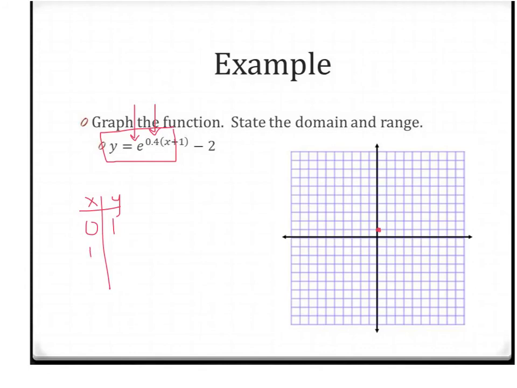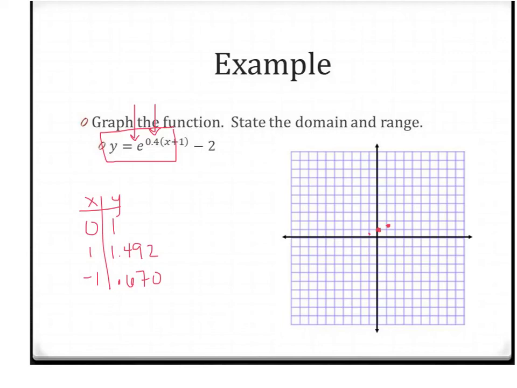If we go over to 1, you get e to the 0.4, which is 1.492, so about 1.5. And if we do negative 1, we get 0.670. Okay, so there we go.